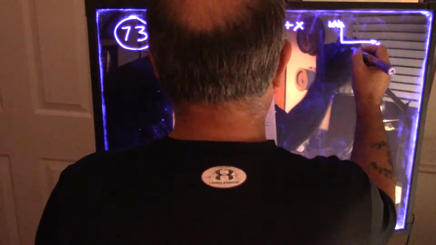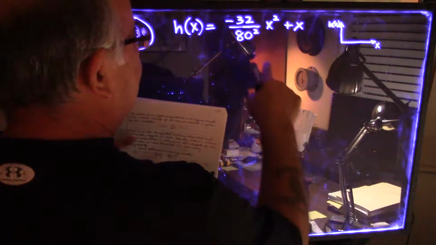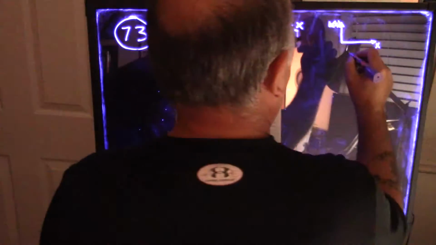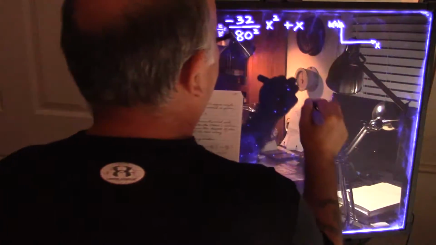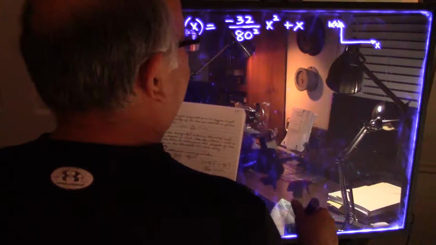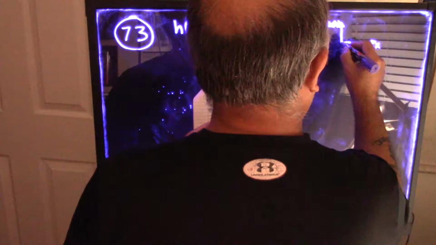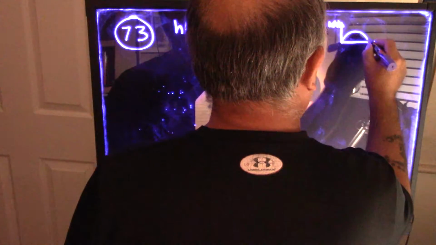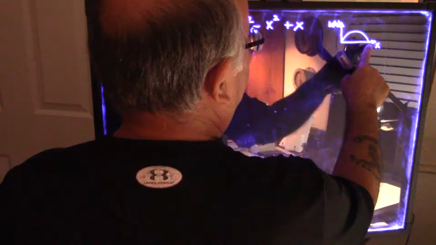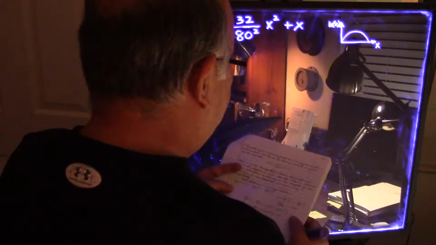And we're getting a parabola with a negative leading coefficient. Doesn't matter what it is right now. So we know it's a parabola that opens downward, and we know when x equals 0, h of x equals 0. So it starts at the origin and it does something like this. We don't know where that point is, but it probably doesn't matter on this one.